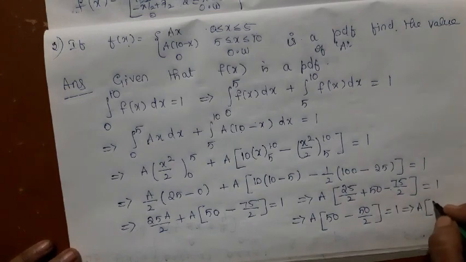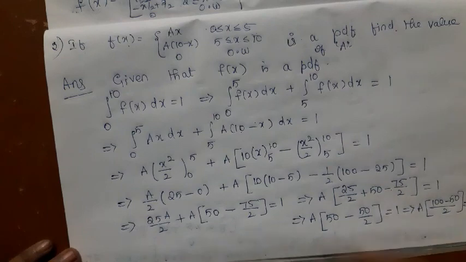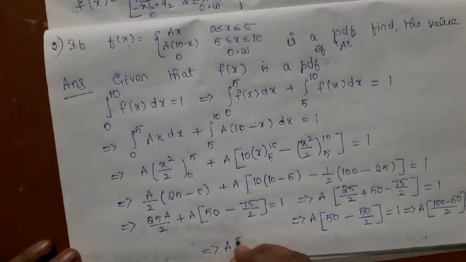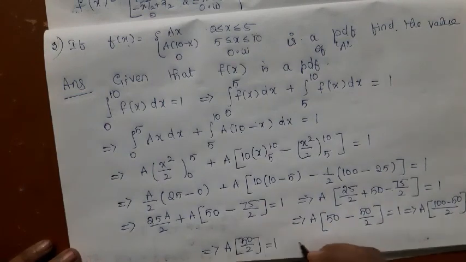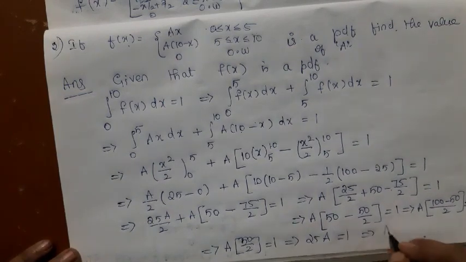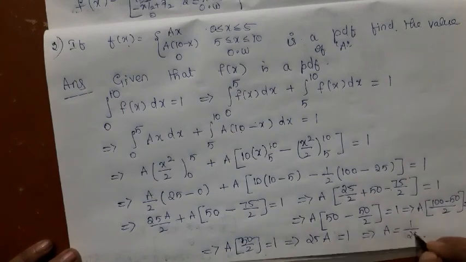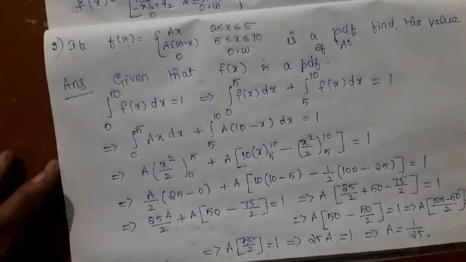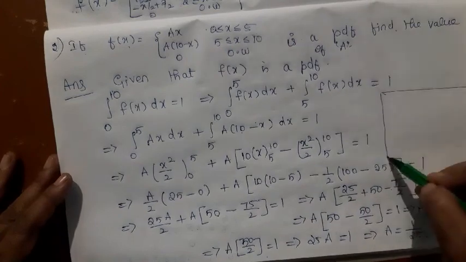So a into 100 minus 50 by 2 is equal to 1, which implies a is equal to 50 by 2. That is 25a is equal to 1. a is equal to 1 by 25. Okay. So you can also summarize based on your result.